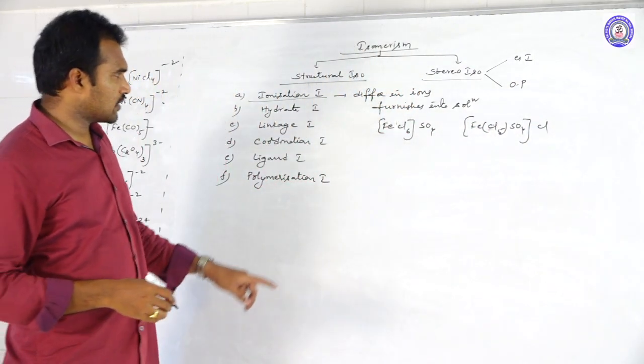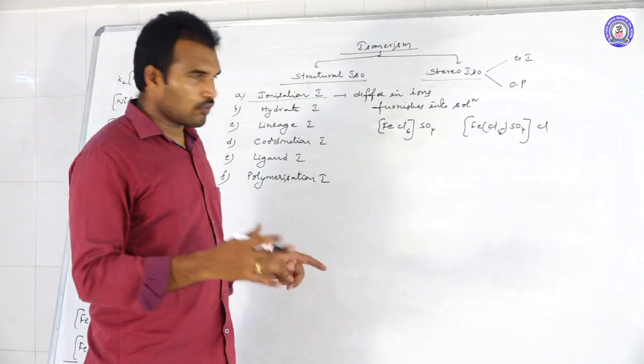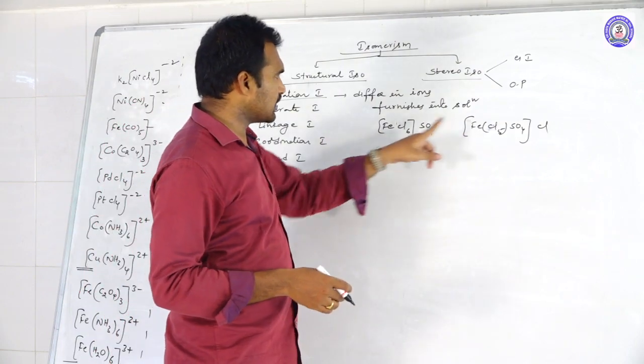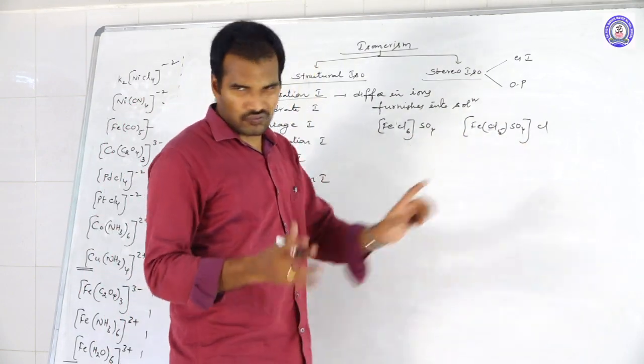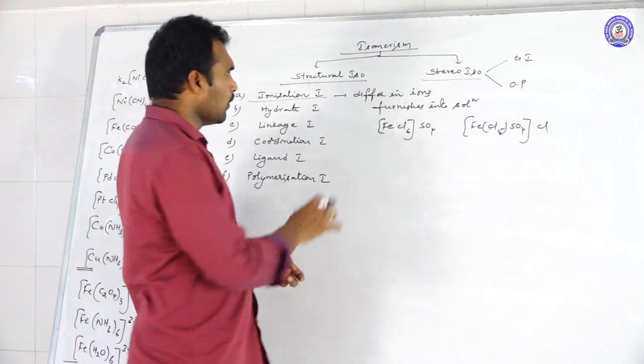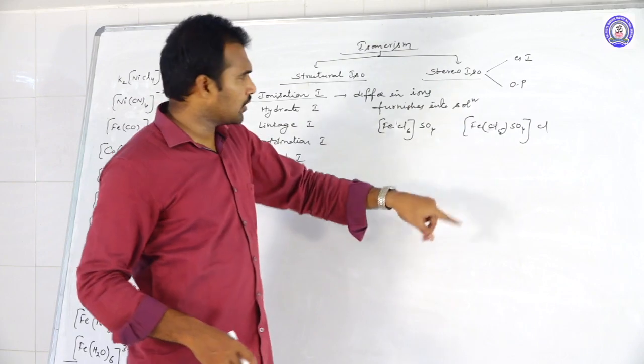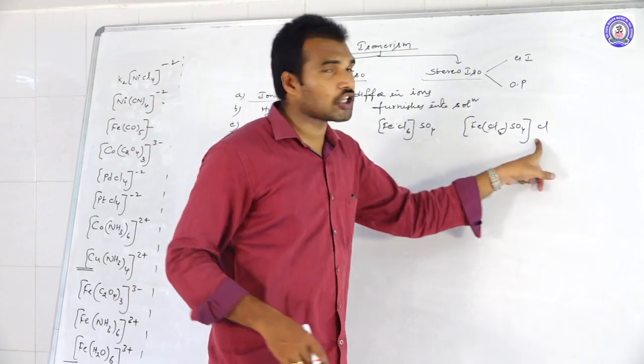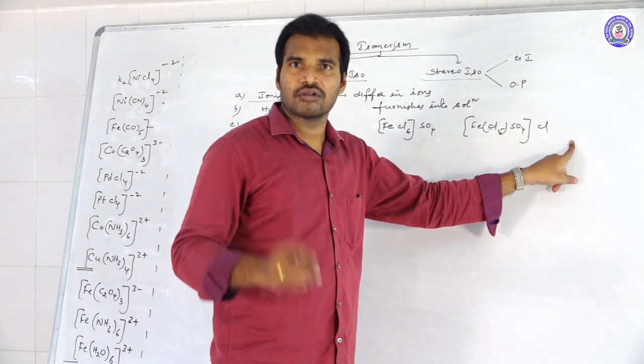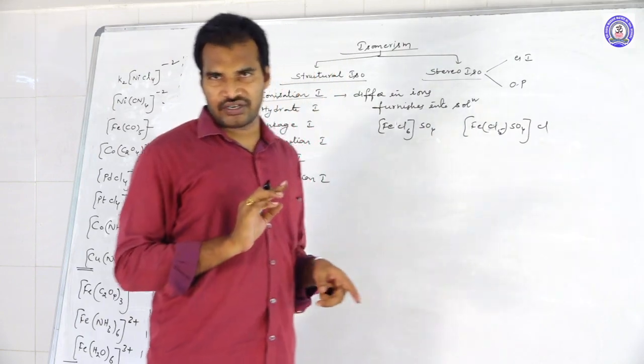See these two complexes. What is the total molecular formula here? Fe, Cl6, SO4, and the overall molecular formula remains the same. But here it releases which ions? A complex ion and one sulfate ion. Here it releases one complex ion and one chloride ion. So they differ in the ions that they furnish.